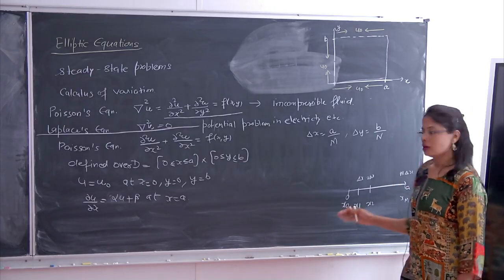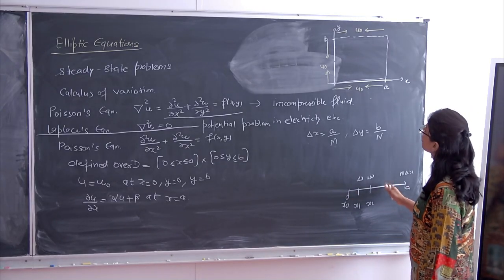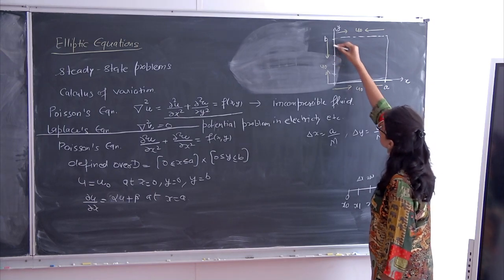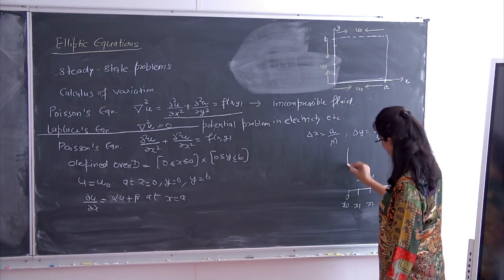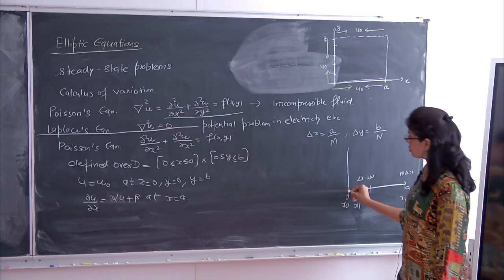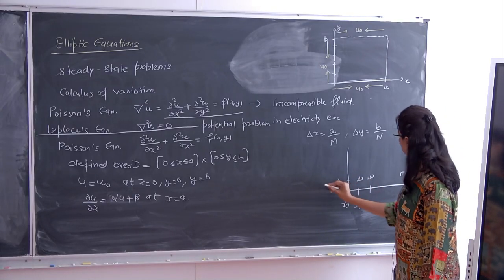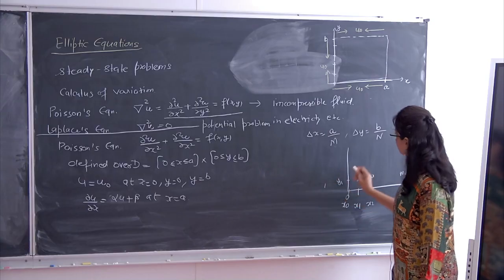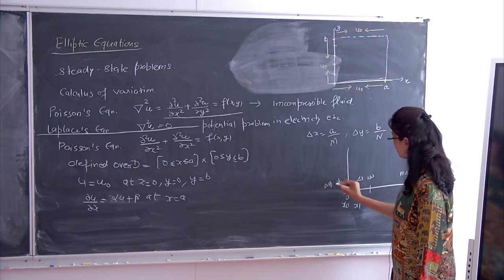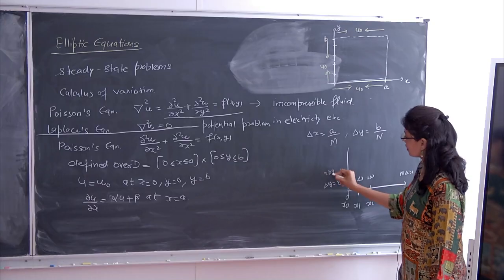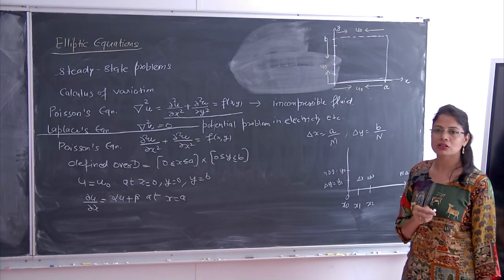Similarly, I can take a uniform partition of the y variable. What will it be in the y direction? You take 0, which is y naught, the next point will be y1, which is just delta y, and then we have y2, which is 2 times delta y. Similarly, I can write down the other points.